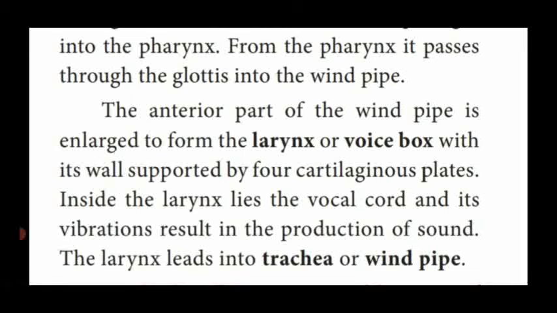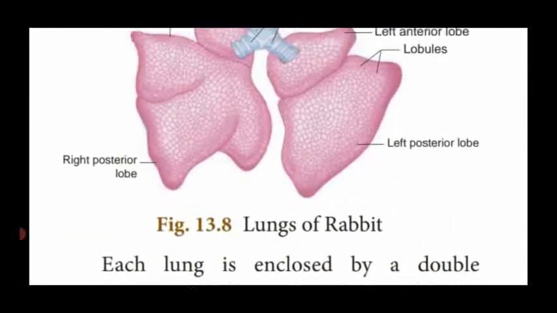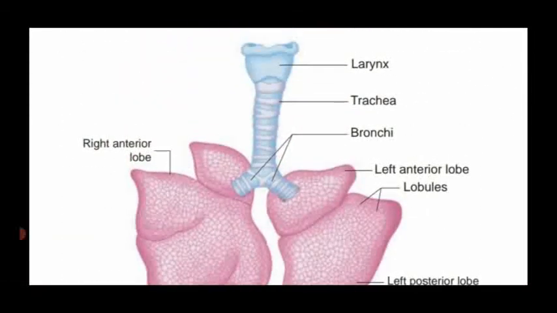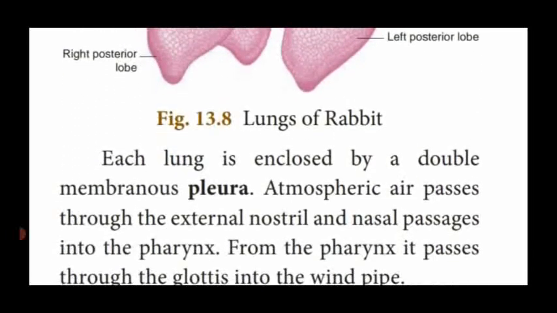It vibrates and produces the sound. Then the voice box leads into the trachea or windpipe. So these are the organs of the respiratory system present in the rabbit.